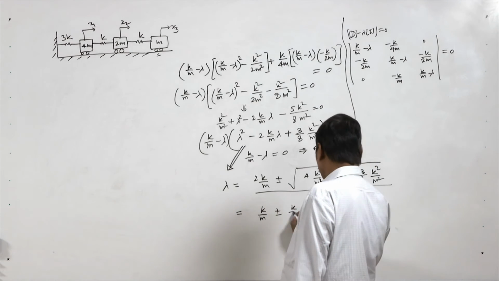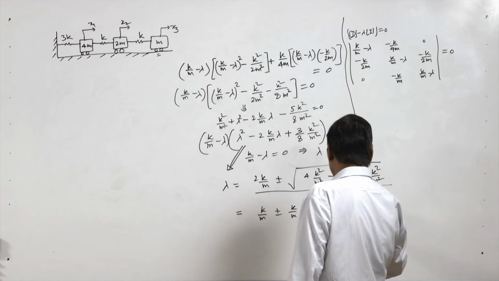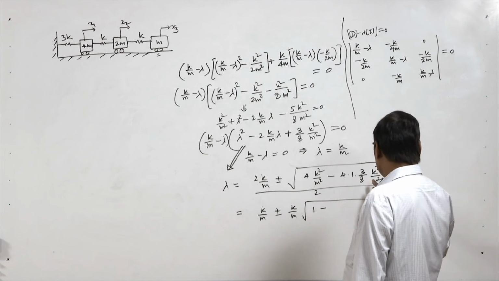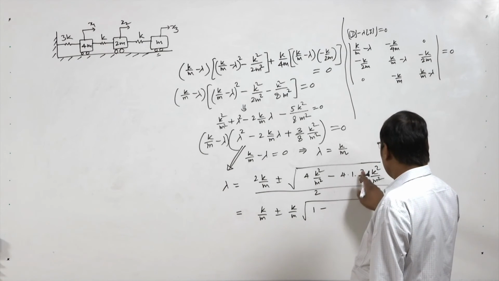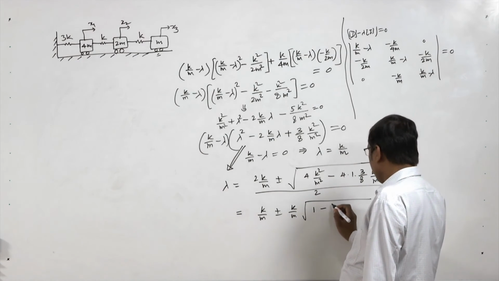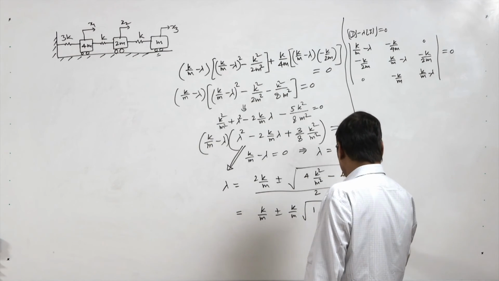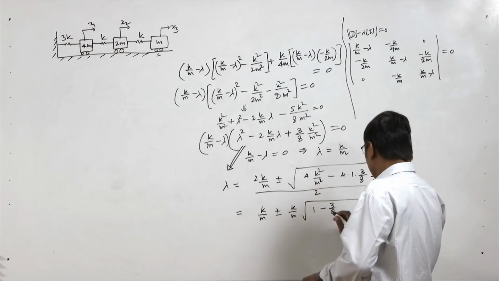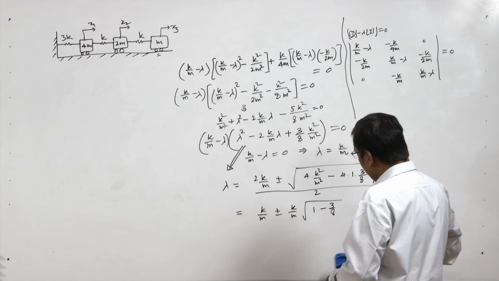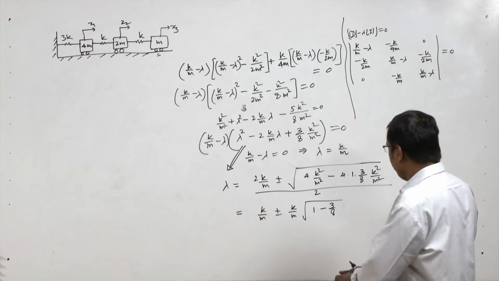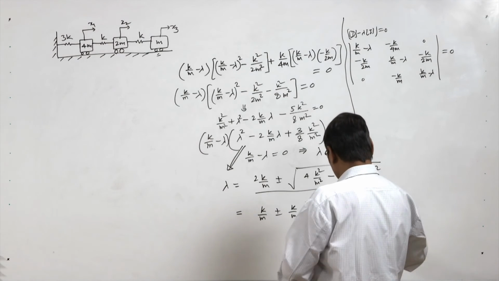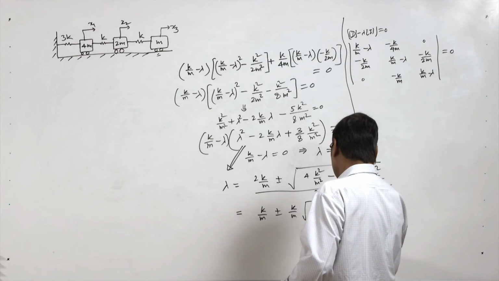So we will have k by m under root, we have 1 minus 3 by 8, and 1 minus 3 by 8 we can write as 5 by 8.